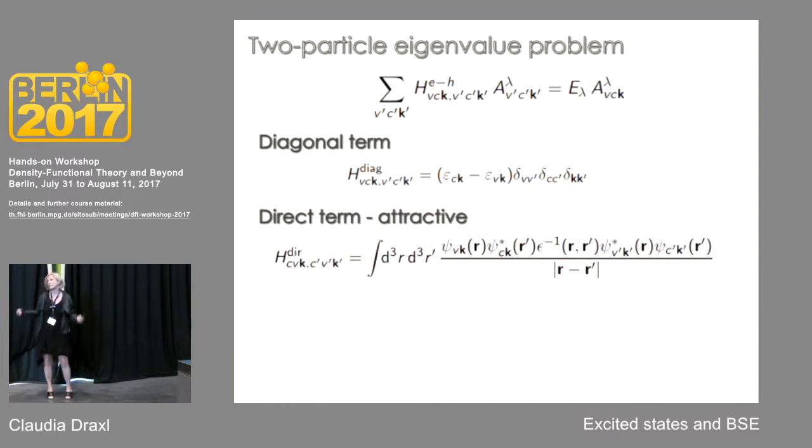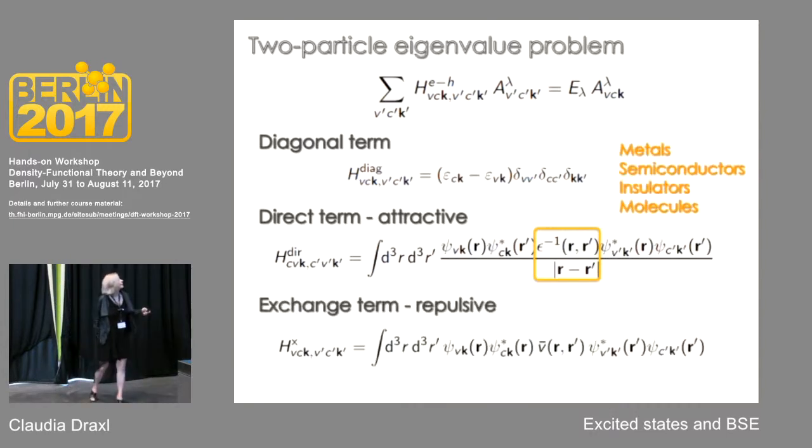So this gives rise to the binding, but we have another term, and this is counteracting, and this is the exchange term, which is repulsive. So one basically shifts the spectrum to the left, the other shifts it to the right, where in most cases, at least in, let's say, in semiconducting cases, this attractive term wins. So this is stronger than the other one. This term is also called the local field effects.